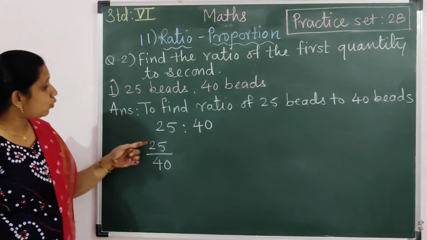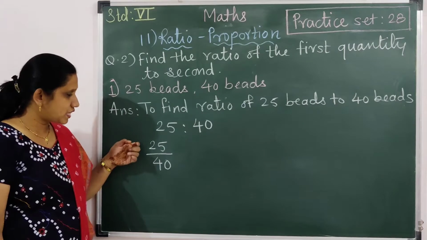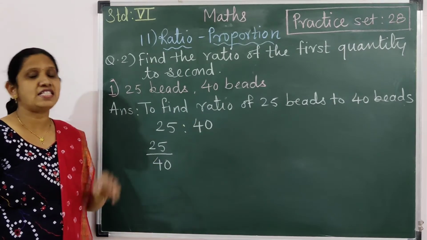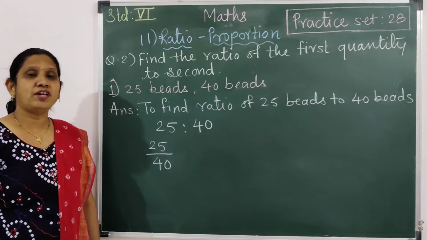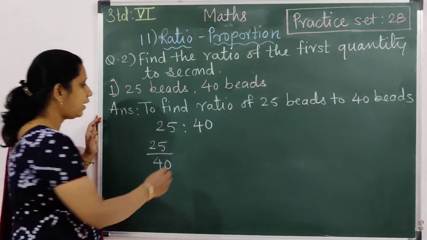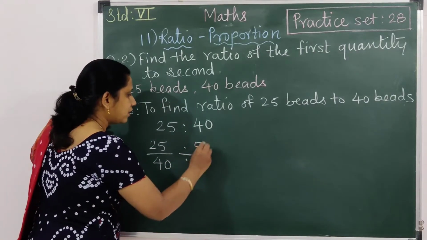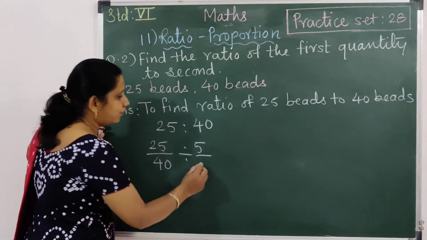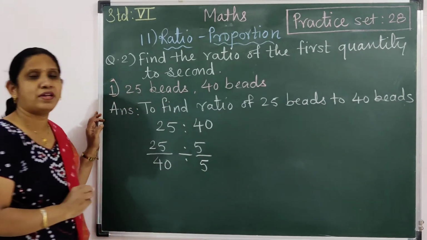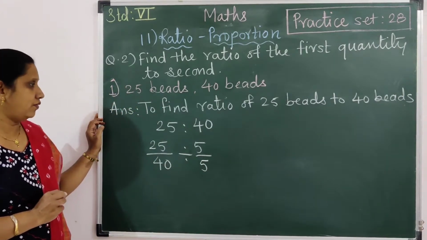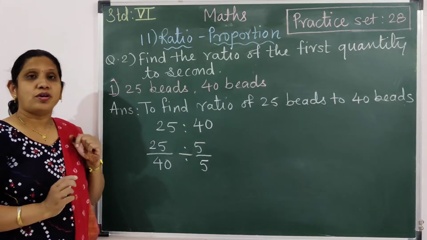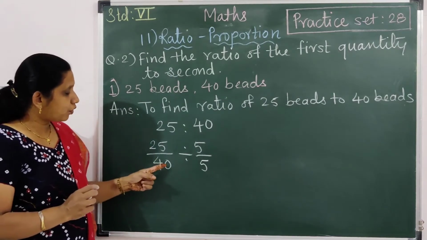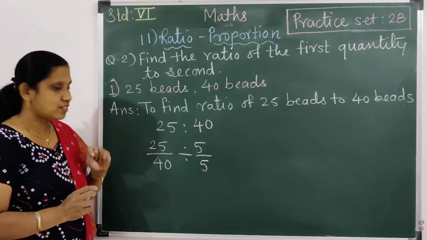Children, have a look at both the numbers, in the numerator as well as in the denominator. Both the numbers are divisible by 5. Divide the numerator by 5 as well as the denominator by 5. Or if you don't remember, you can check the unit place digit, 0 as well as 5.